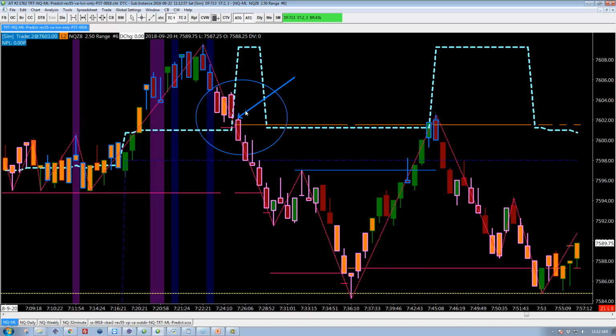But you see what price is doing here? It's just blasting through it. Okay. And what I want is the opportunity to make a prediction: am I going to bounce off of it? And then I also want the opportunity to make a prediction because I'm going to blast through it.